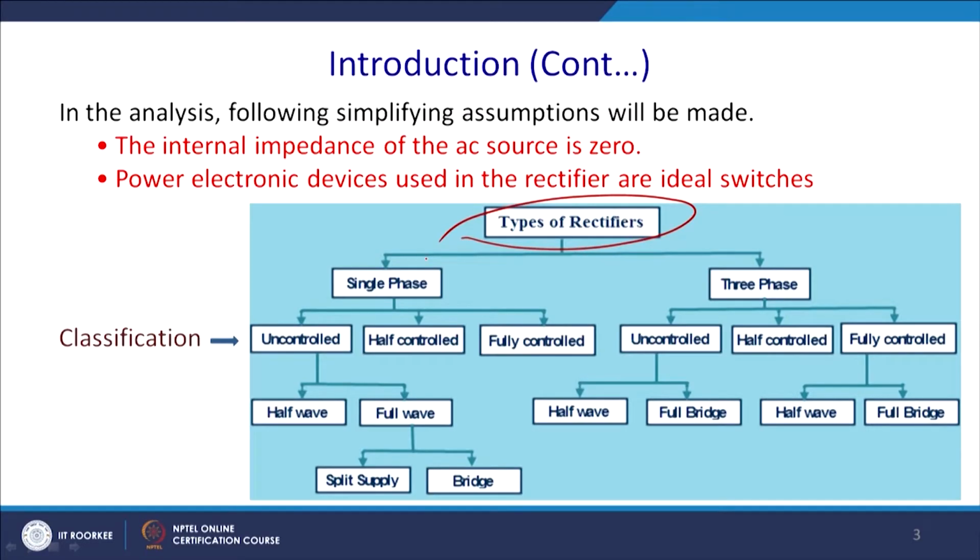So, types of rectifiers: we have single phase and 3 phase. Today we shall consider the single phase, and definitely we have uncontrolled, fed by diode based rectifiers. You have half controlled, fed by combinations of thyristors and diodes. Then full controlled, fed through thyristors.